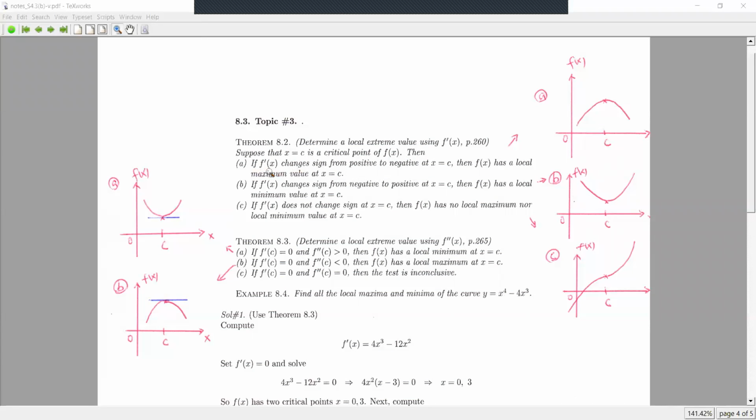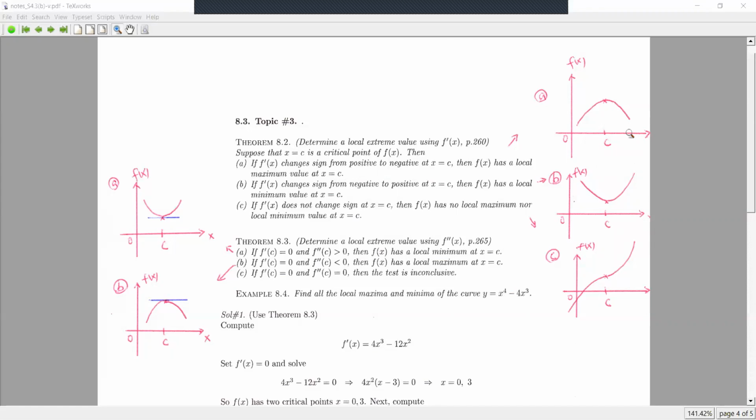If the derivative changes sign from positive to negative at the point C, then on the left of the point C, the derivative is positive. Therefore, on the left of the point C, the graph of the function is increasing. On the right of the point C, the derivative is negative.